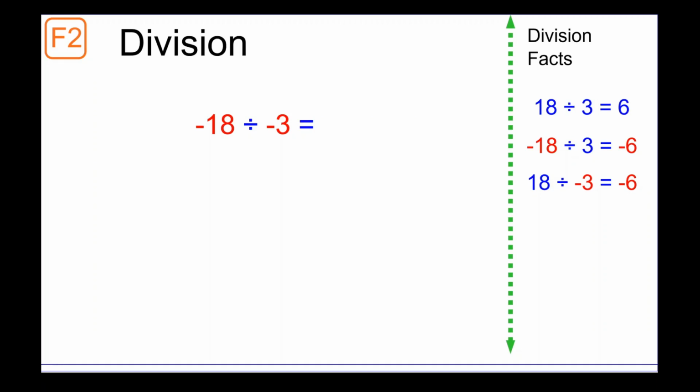Have a moment to guess what you think the answer should be. This means that negative 3 times something equals negative 18. So this is a negative times something to get a negative. So this something must be positive, so it must be positive 6.